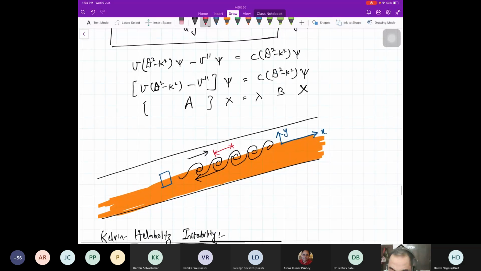Remember, this wavelength is 2 pi by k. Does it correspond to that wavelength in a real experiment? Those are the kinds of checks that you can do. And if it does, then it means your theory is all right.